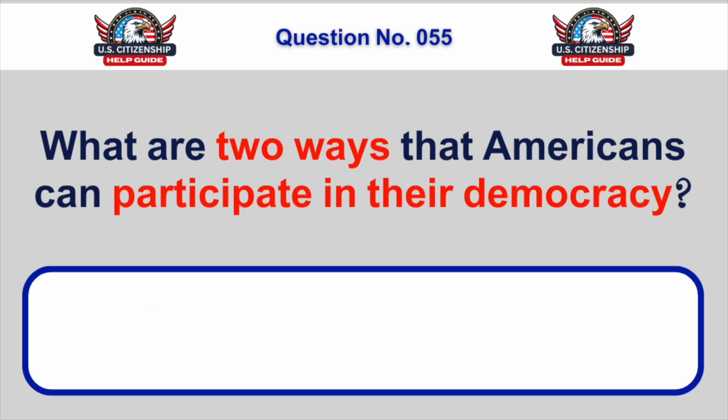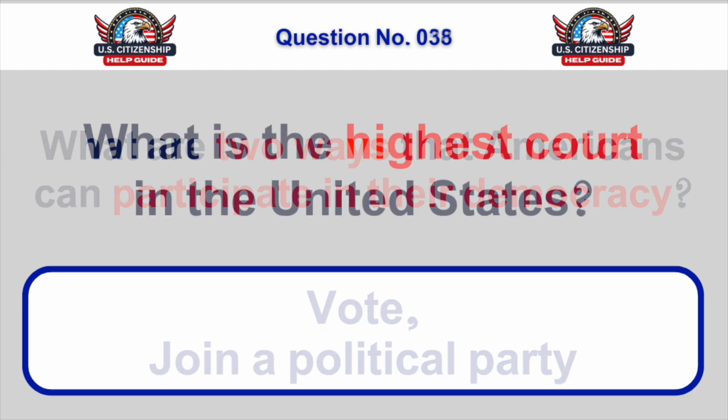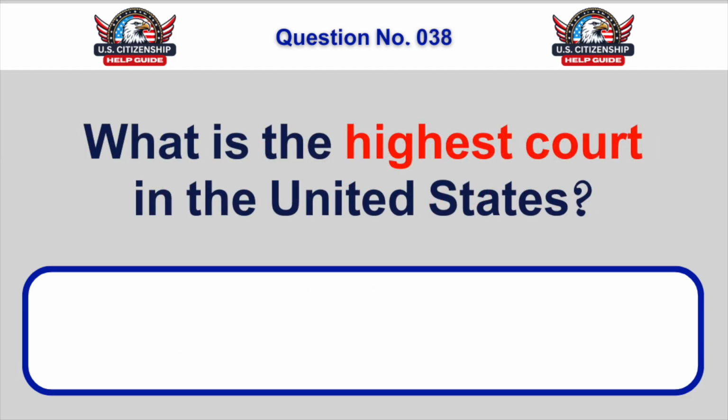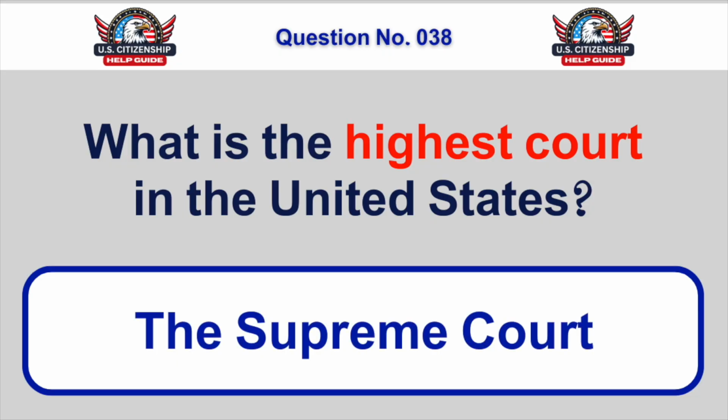What are two ways that Americans can participate in their democracy? Vote. Join a political party. What is the highest court in the United States? The Supreme Court.